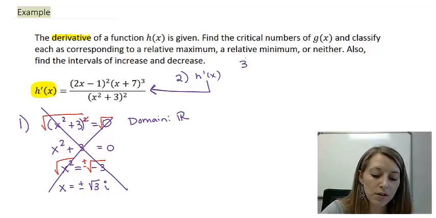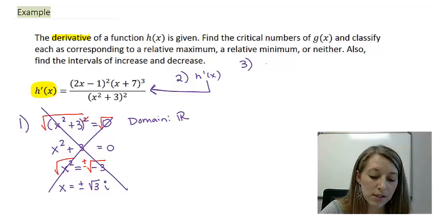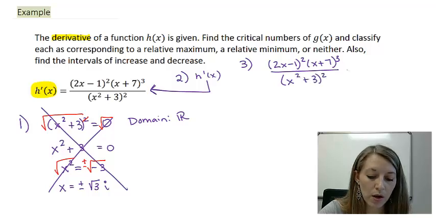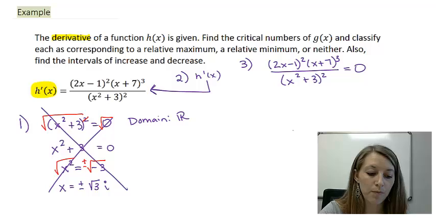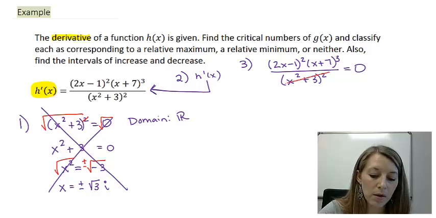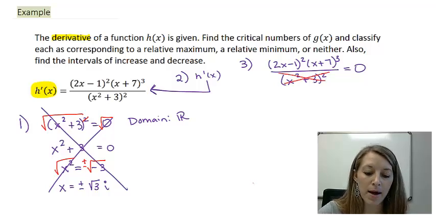So we get to move on to step number 3, which is to set our derivative, 2x minus 1 squared times x plus 7 cubed over x squared plus 3 squared, equal to 0. We know we get to eliminate the denominator by using our magic trick.